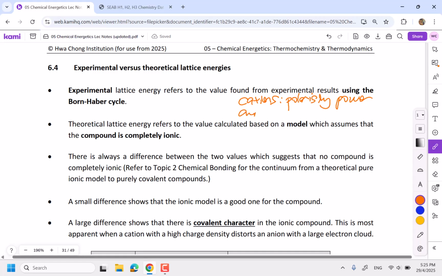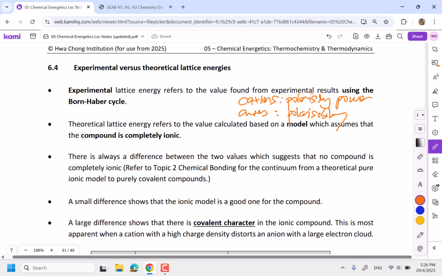For anions, we are looking at polarizability. Polarizability is the tendency for the electron cloud to be distorted by a cation. The larger your electron cloud is, the more polarizable it is, and the more easily it is distorted. That is important to be aware of.